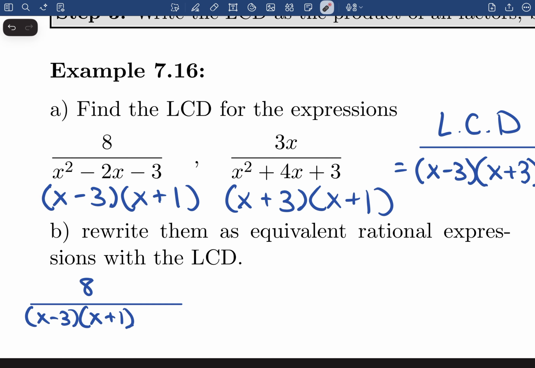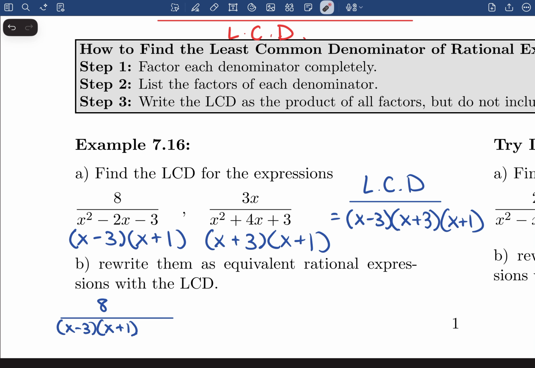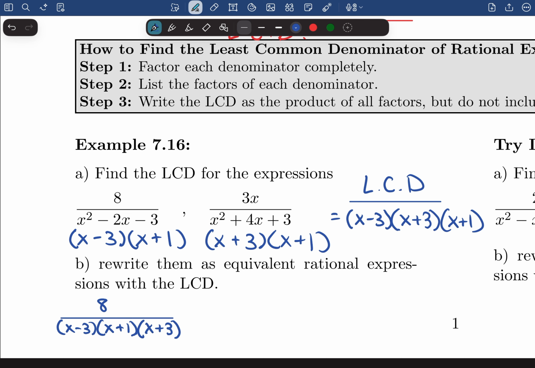Well, what's it missing that the other rational expression has? Well, it's missing an x plus 3. It doesn't have an x plus 3. It's got an x minus 3 and an x plus 1, right? But it needs the x plus 3. And so what I'm going to do is multiply the x plus 3 to the bottom and the top.